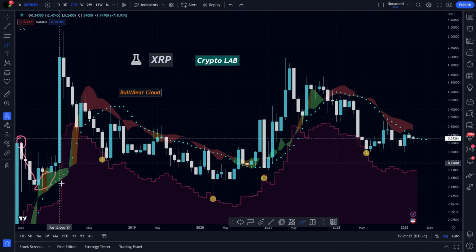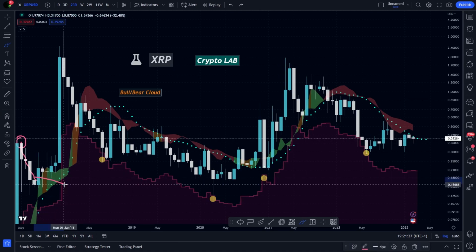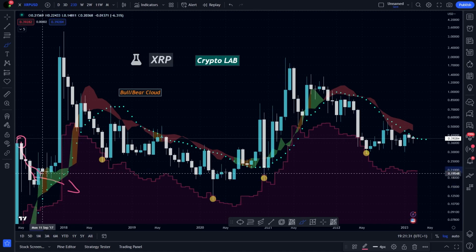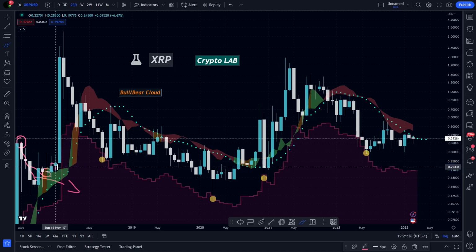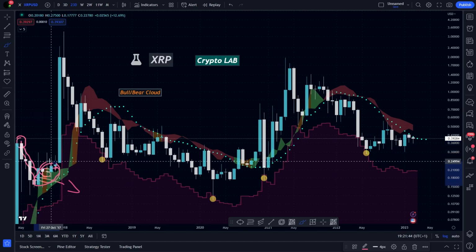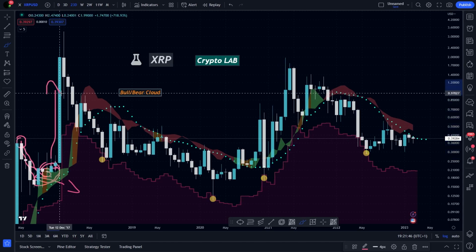But as you can see, the price didn't cross the cloud. It stayed above it, even if we stayed inside it for a while before using it again as a support. But globally, you see that we were just right here. We came back down, used the cloud as a support before having a higher high.